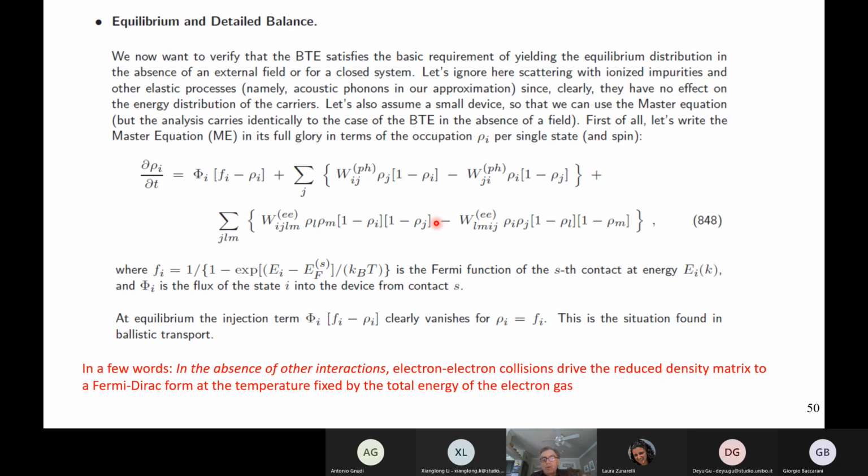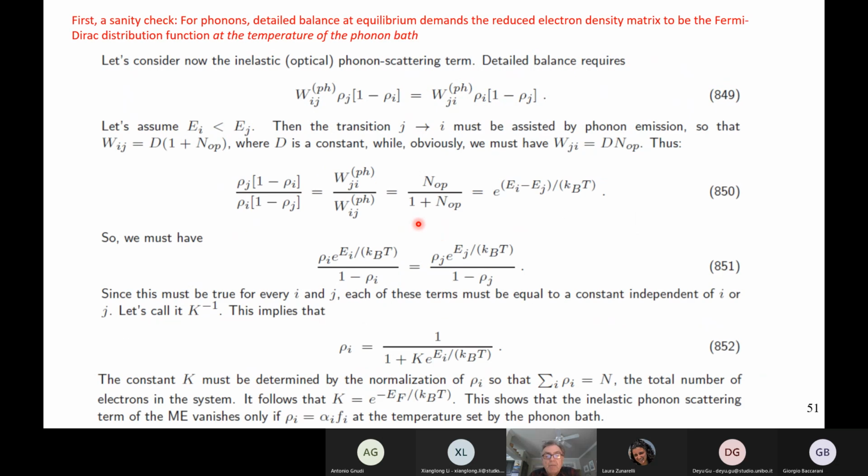So a Fermi-Dirac distribution at the temperature such that the total energy of the system is whatever I had at the beginning. So the temperature will be set by the total energy of the system at t equals 0. But in general, if I consider just equilibrium without specifying the total energy of the system, I can get any temperature I want.